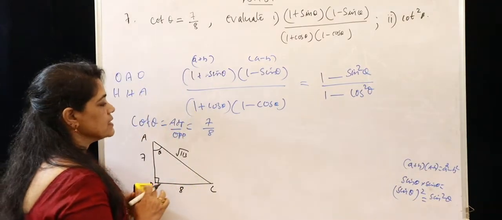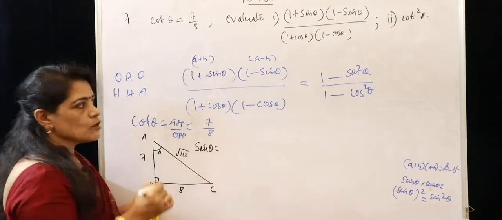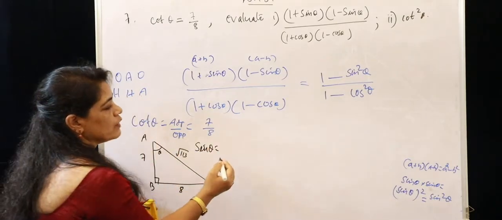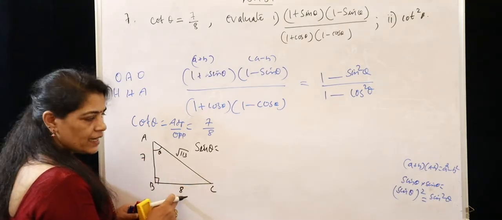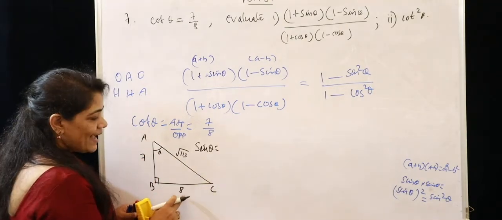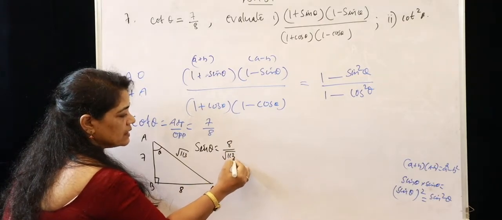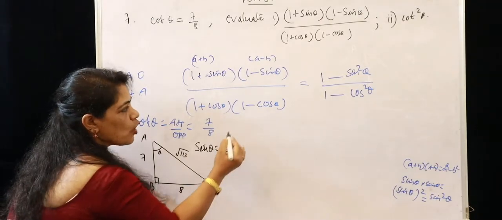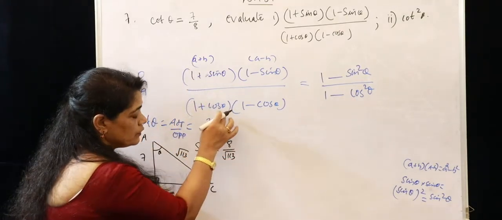we can write sin theta is opposite side by hypotenuse. What is the opposite side here? With respect to angle theta, opposite side by hypotenuse, that is 8 divided by root 113. Cos theta also we need to evaluate this.